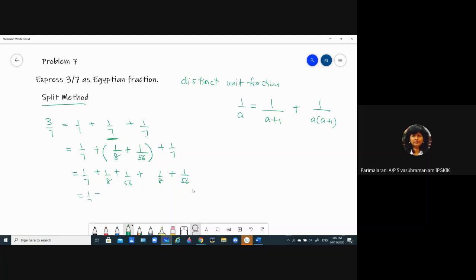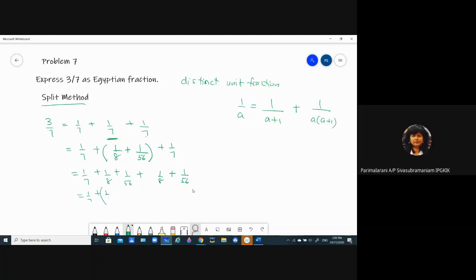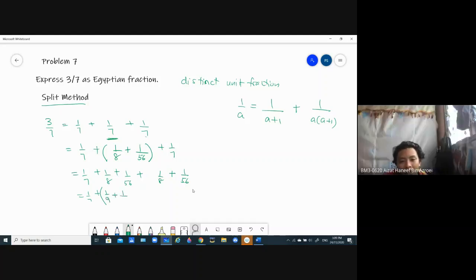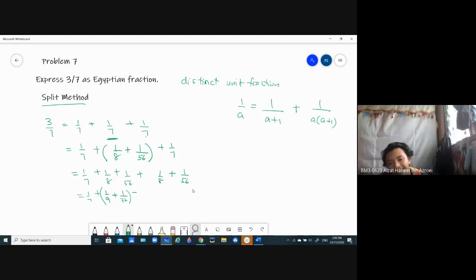Let's change 1 over 8 first. We can change this using this formula. We can change 1 over 8 to 1 over 9 plus 1 over 8 times 9, which is 72. The method is correct.